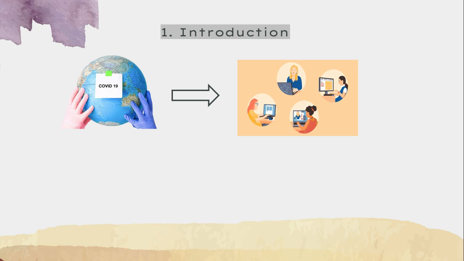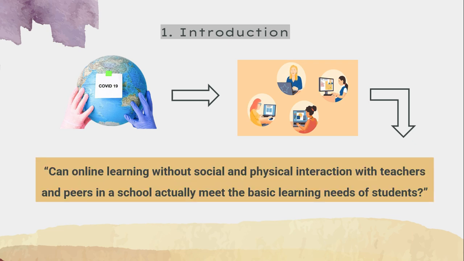An important question that needs to be answered is whether online learning meets the basic learning needs of students, or can online learning without social physical interaction with teachers and peers in a school environment actually meet the basic learning needs of students?